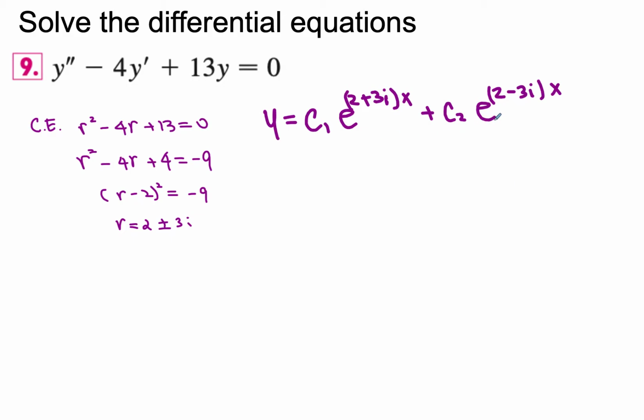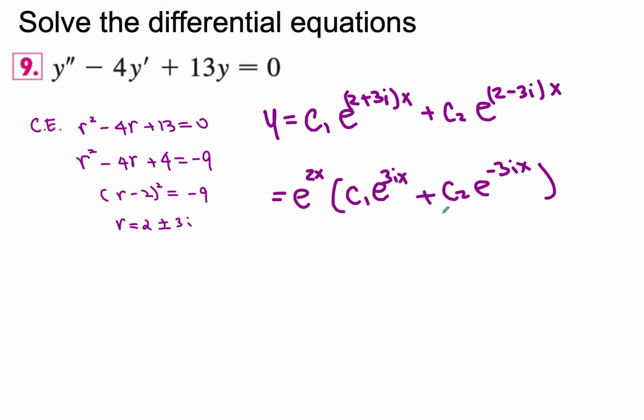Of course, we can factor out e to the 2x, that's the common factor here. Then we get e to the 2x times c sub 1 e to the 3ix plus c sub 2 e to the negative 3ix.